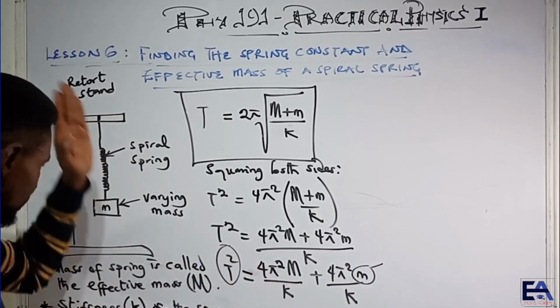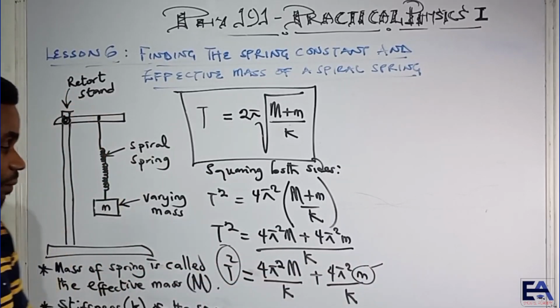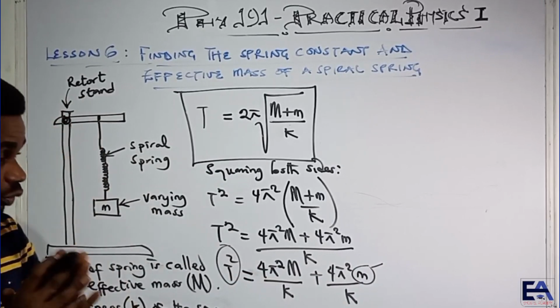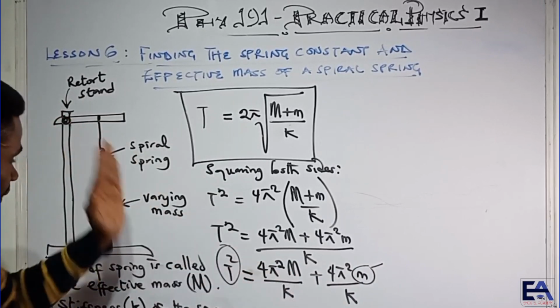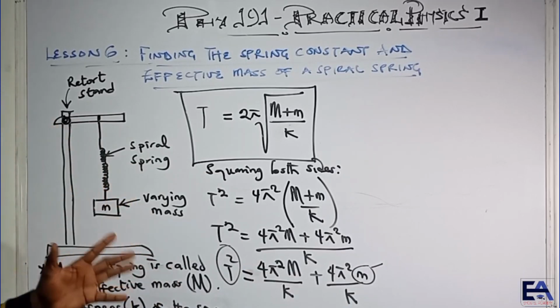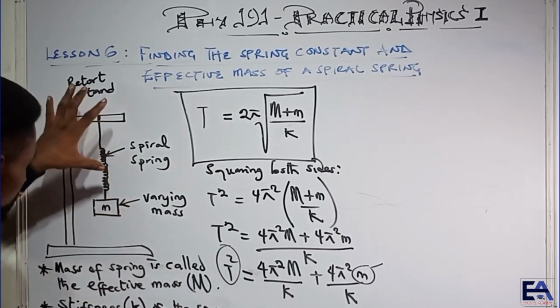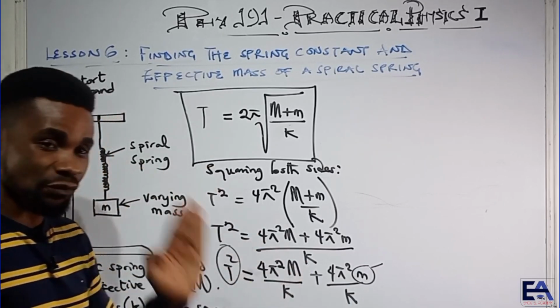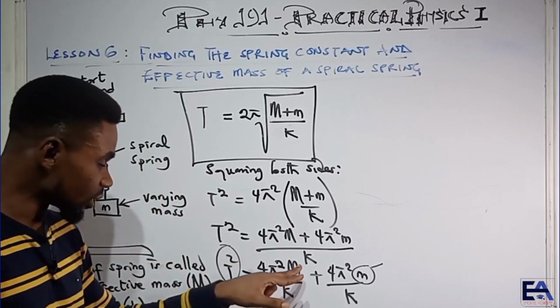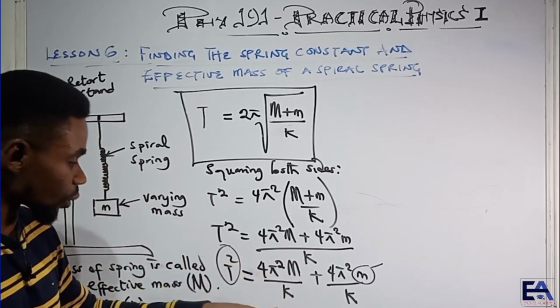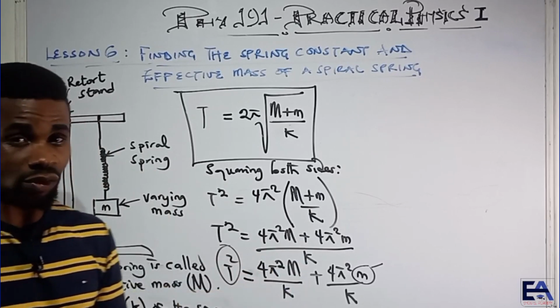The mass of the spring remains the same throughout the experiment. That is, the spring itself has its own mass. The only thing that is changing is the mass that you hung on it. But the spring itself has a fixed value of mass, so it is constant. 4 is constant, pi is constant. The stiffness of the spring is also constant.